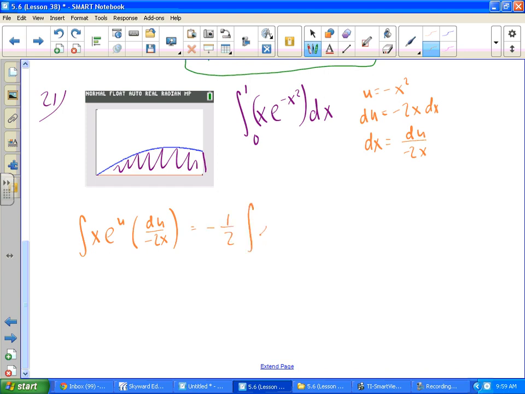And in the integral, then I just have e to the u du. What's the antiderivative of e to the u? E to the u. So I have negative a half e to the u. Plus c, but I don't need the plus c because this is a definite integral when I'm done here. And instead of u, I'm putting what in there? Negative x squared. And I'm going to take this from 0 to 1 now. So go ahead and try to finish that one now.